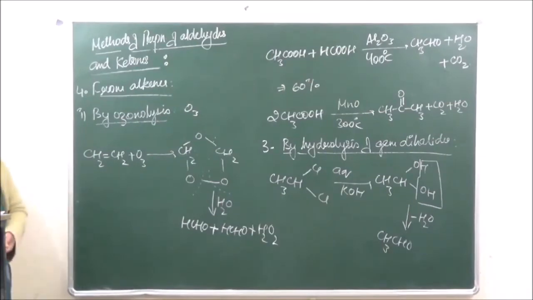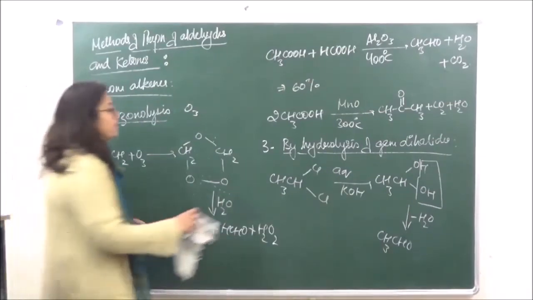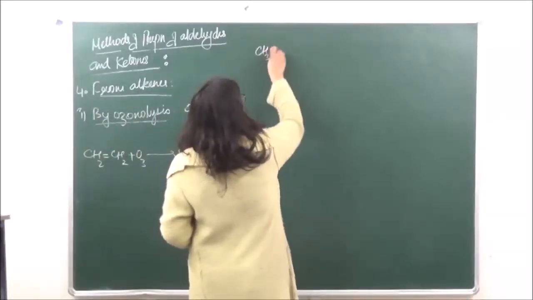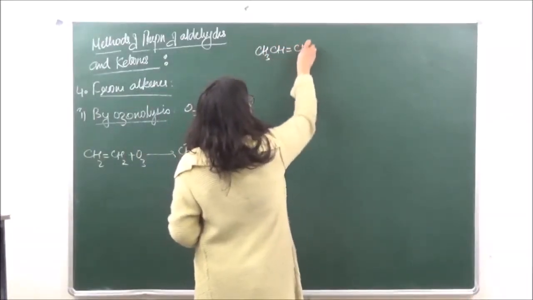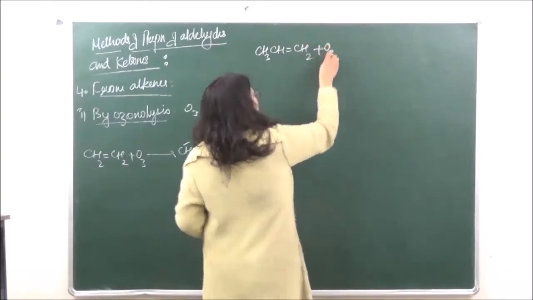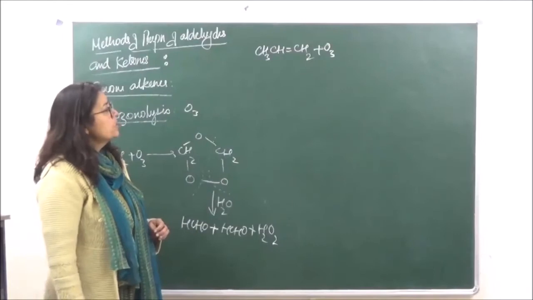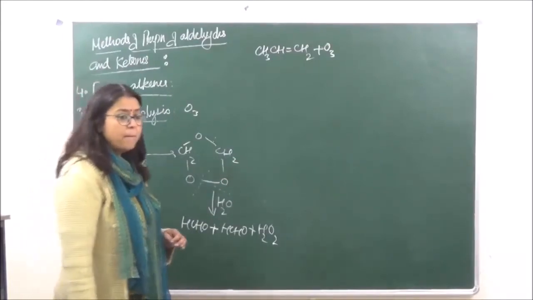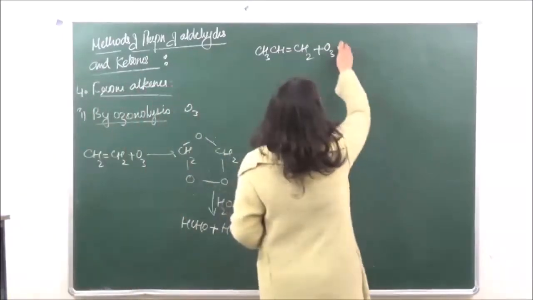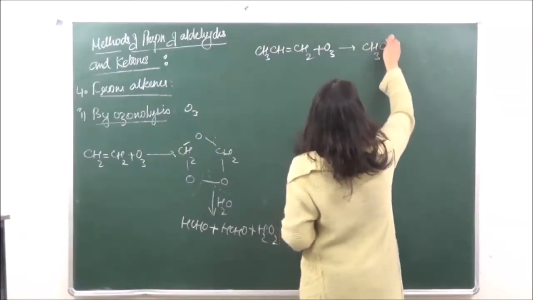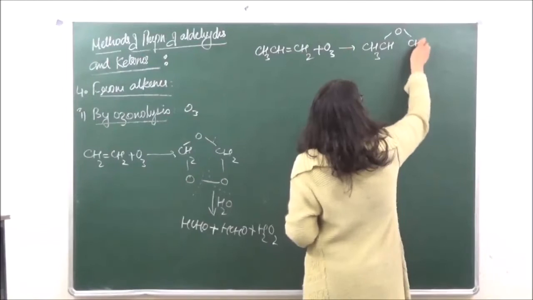Okay, now let's take another alkene to understand this better. If you're taking propene over here, plus ozone, as I just told you the oxygens are going to add along the double bond, such that we have propylene ozonide formed over here.